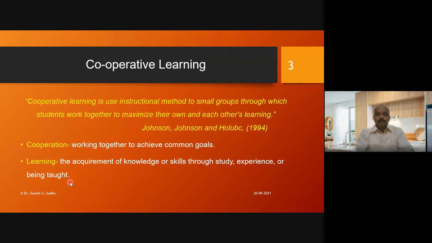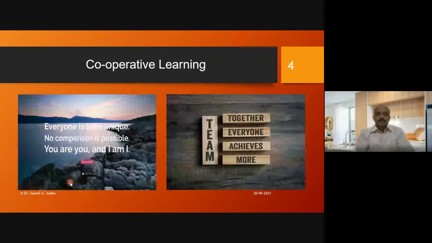Nowadays cooperative learning is very important for increasing the attainment level of knowledge for our students. As we know, everyone is born unique and no comparison is possible between us.